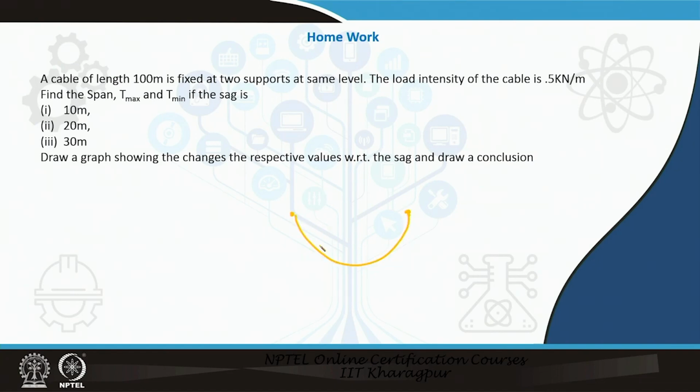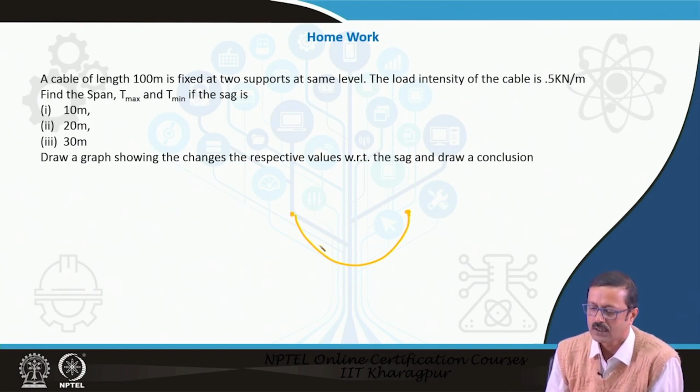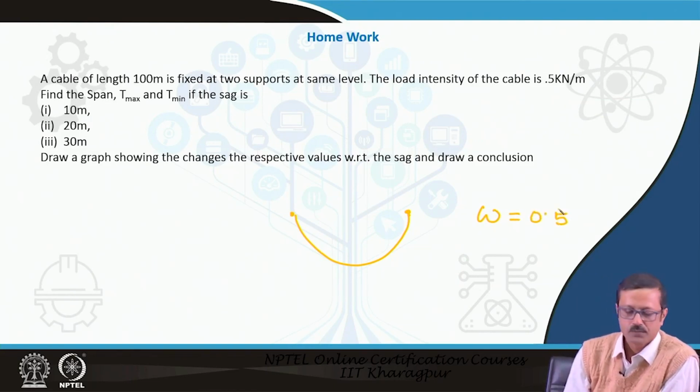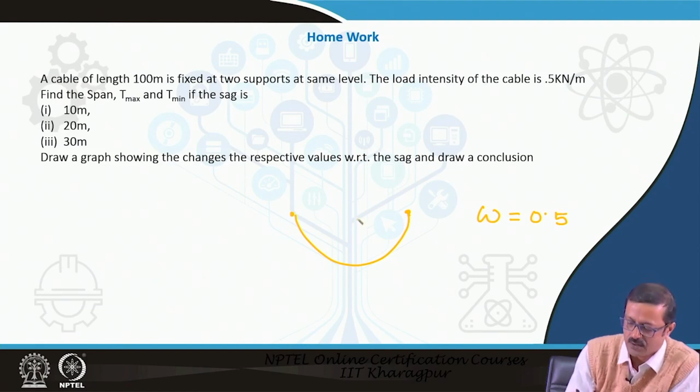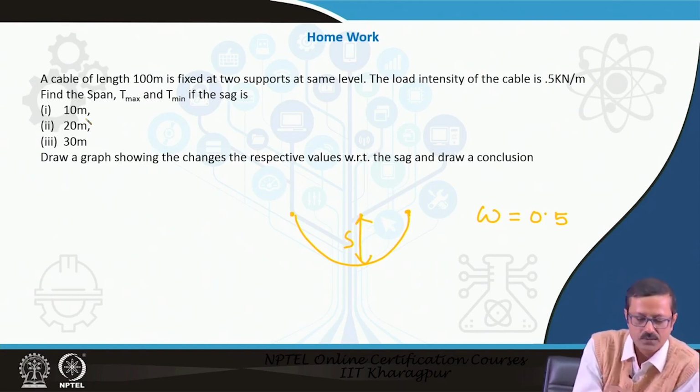The load intensity omega is 0.5 kilonewton per meter, and find T max and T min if the sag is 10 meter, 20 meter or 30 meters. So this sag is changing: the first case it is 10, the second case 20, and the third case 30, and you find out all those.